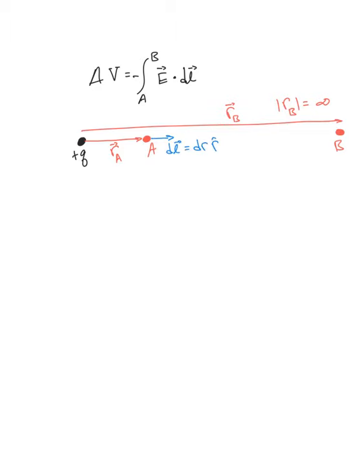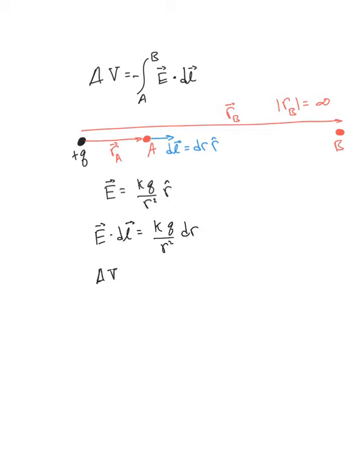And we can once again write our electric field as kq over r squared r hat. This leads us to the equation of E dot dl equals kq over r squared dr. So now we can actually take this integral.